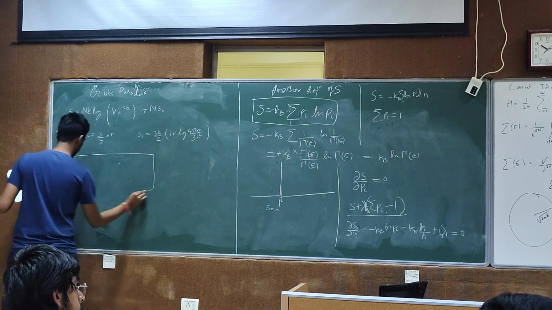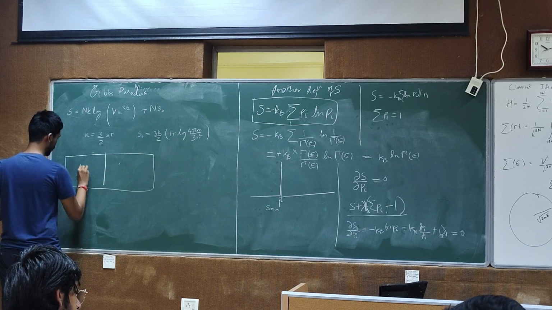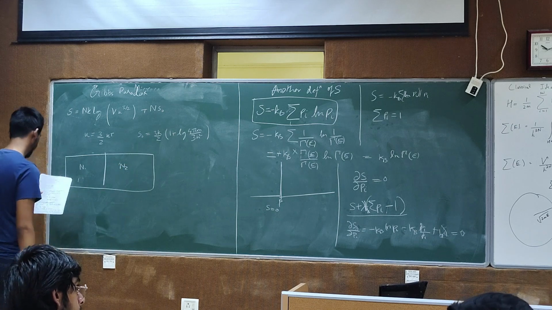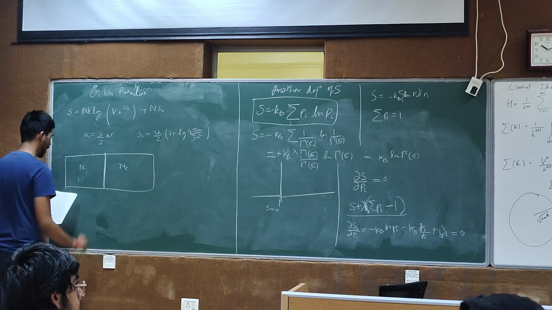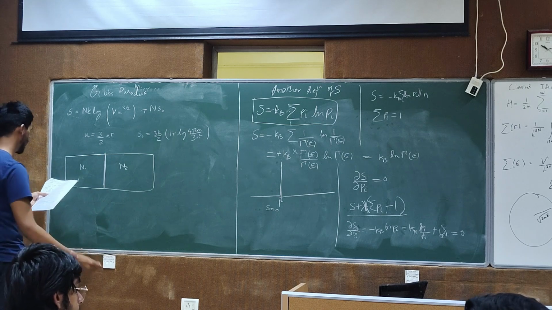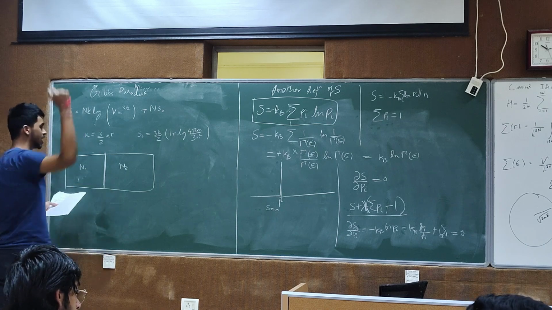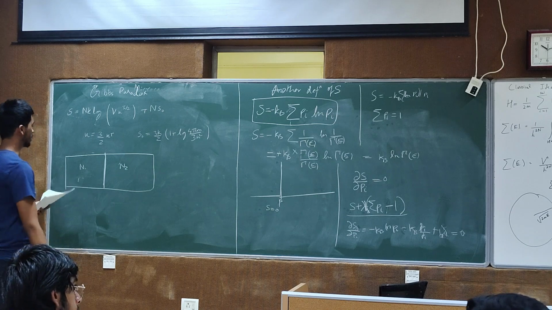Consider there are two different gases with N1 and N2 number of particles, and they are separated by a non-permeable partition. And suppose you suddenly remove the partition, and the temperature doesn't change.